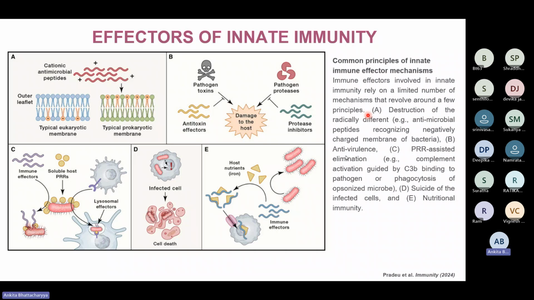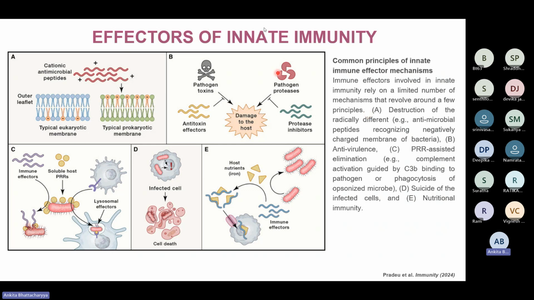So the effectors can again be of different types. We see that there are some common principles of innate immune response effector mechanisms. They rely on certain common mechanisms which have been shown here superficially. The reason for keeping it a little simplified is because the details are already present in the lectures. So what you see are different subtypes of these effectors.